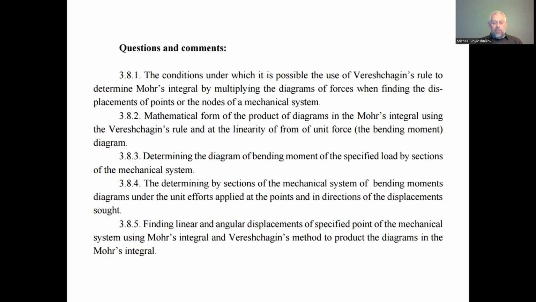And we substitute this product of the area of the diagram by the magnitude of the other diagram at the corresponding point of the location of the center of the area of the first diagram. This is a substitute for the direct determination of the Mohr integral by mathematical transform.